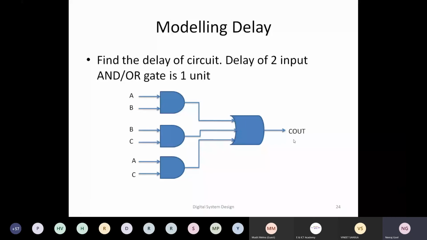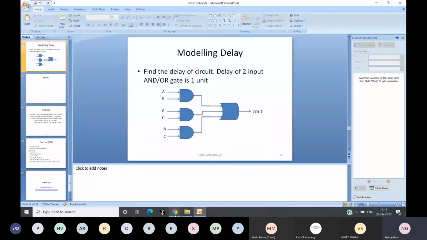Okay, if possible, try to put your answers in your chat window. You know that the delay of a two input AND gate is 1. Please write your answers in chat.